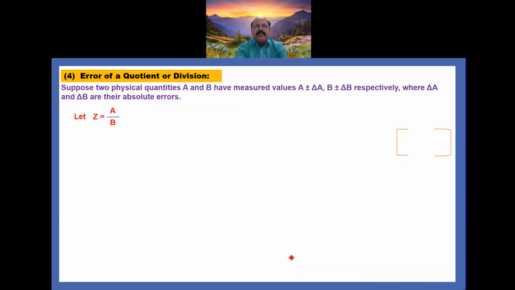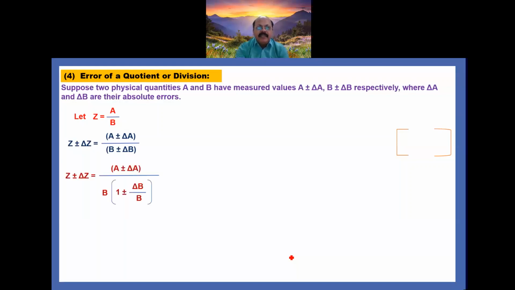For example, when the two physical quantities are divided, the result is Z. So Z equal to A upon B. When we write their measured values, it becomes Z plus minus delta Z equal to A plus minus delta A upon B plus minus delta B.